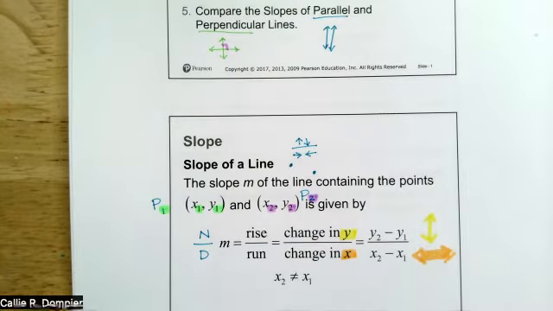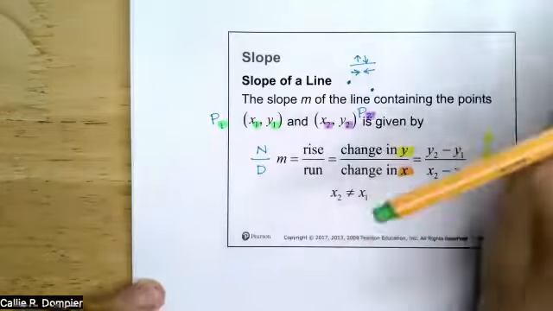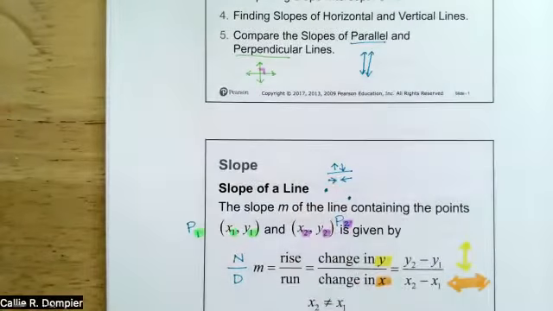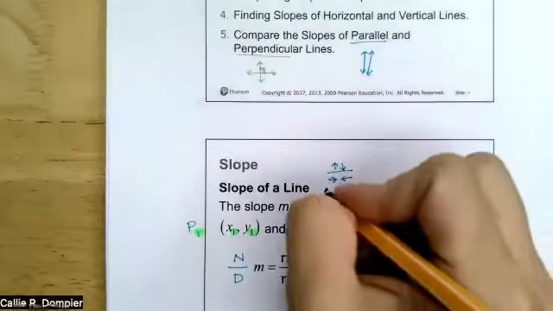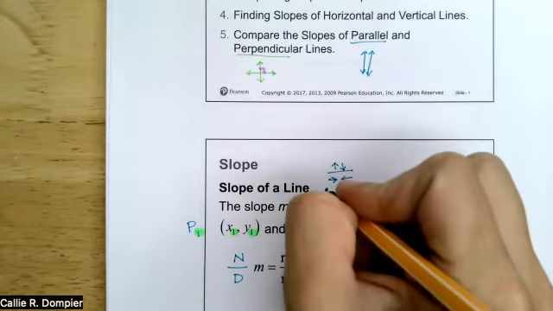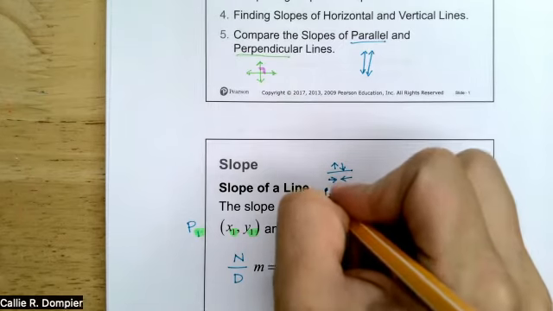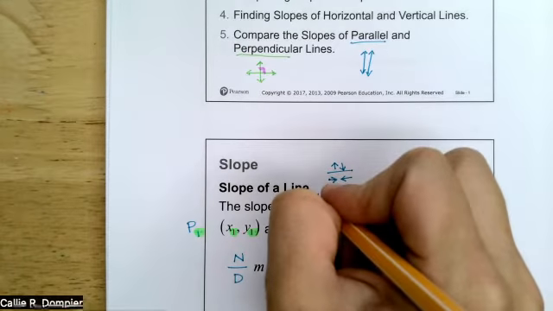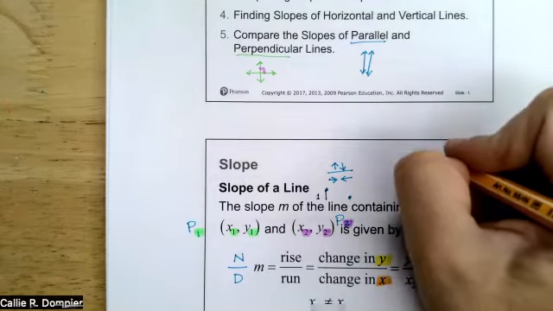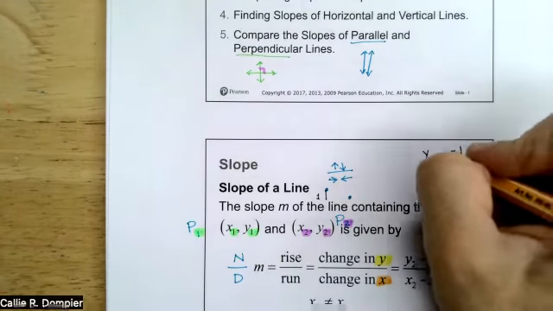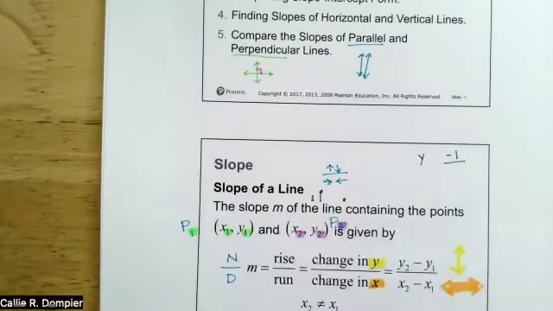So when you have a slope and it comes as a fraction, let's talk about this slope again. If I was just to count up and down to get from this point to this point, I know I don't have units, but maybe this is just 1 unit down. Down means negative, right? So on my y axis, I'm going down 1. Does that make sense?